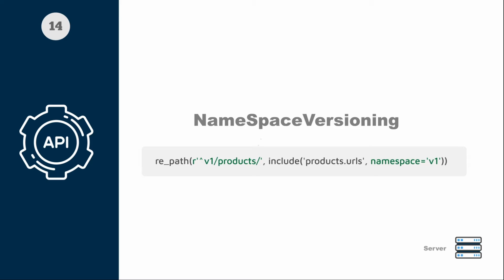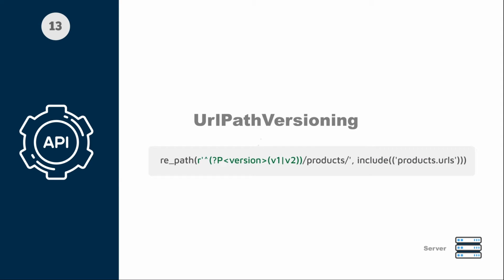So in this video, we look at the URLPath versioning, where Django Rest framework requires that the URL issued by the request have the valid version on the URL. For the URLPath versioning, Django Rest framework requires that the user pass the version of the URL literally on the path.